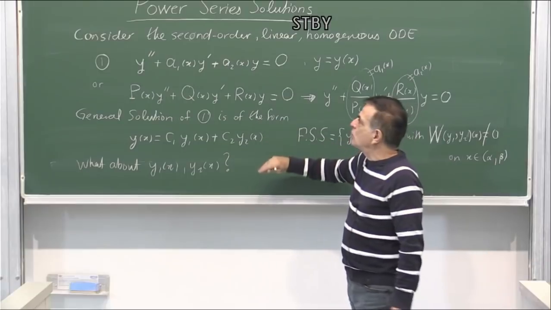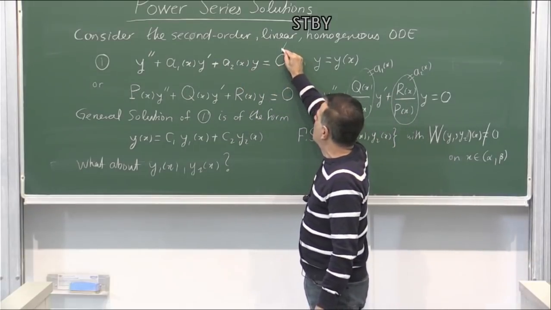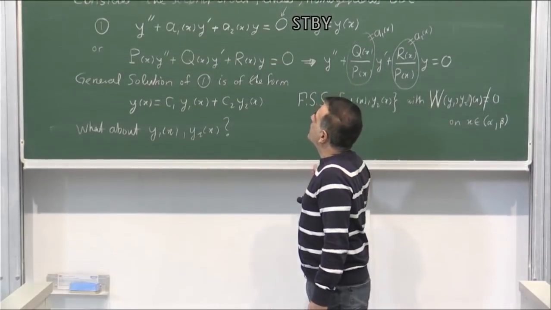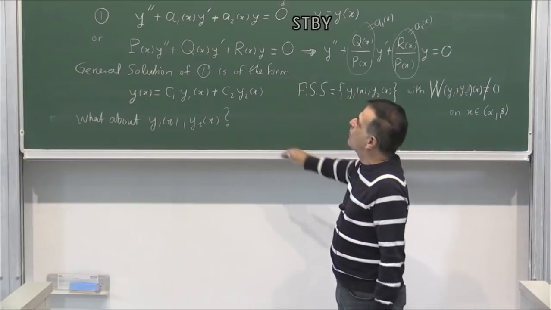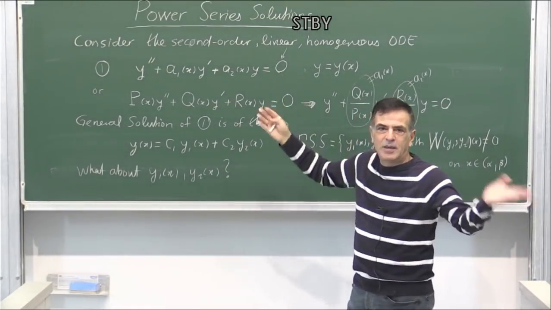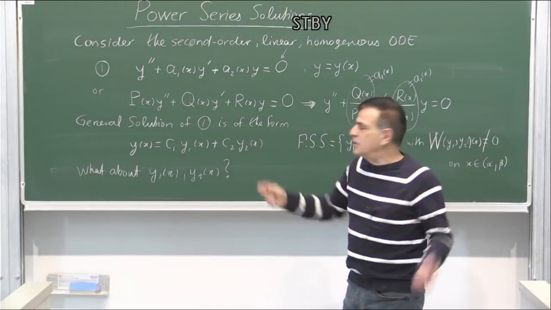So there is no loss of generality to consider a homogeneous ODE. Good. And so finding the solution of that, if we consider a non-homogeneous equation, we can easily find a particular solution to find the general solution of the non-homogeneous ODE.